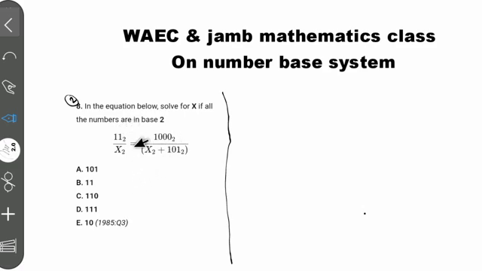Now, to solve this question, you first of all convert all the given bases to base 10 to make it easy. I'll be using number base codes. For base 2, it is called the binary code. What is the binary code? You only write 1 at the first code. To get the next code, you multiply by 2.